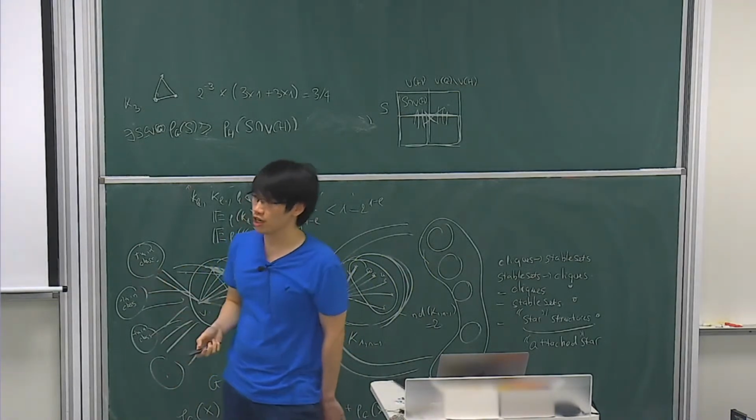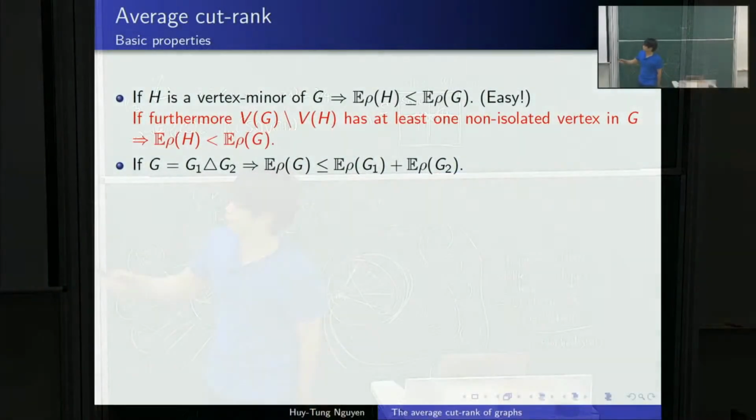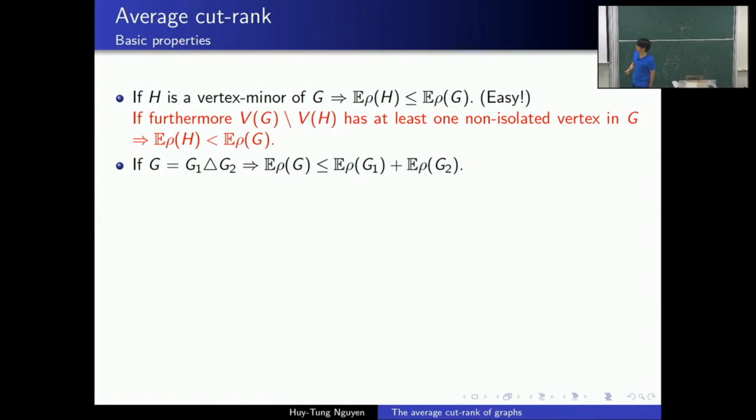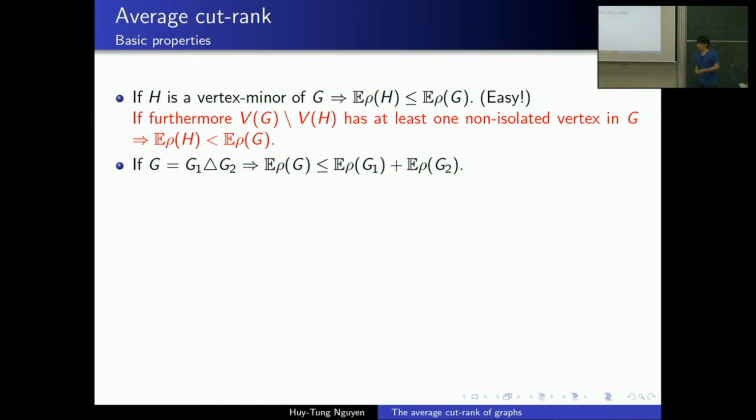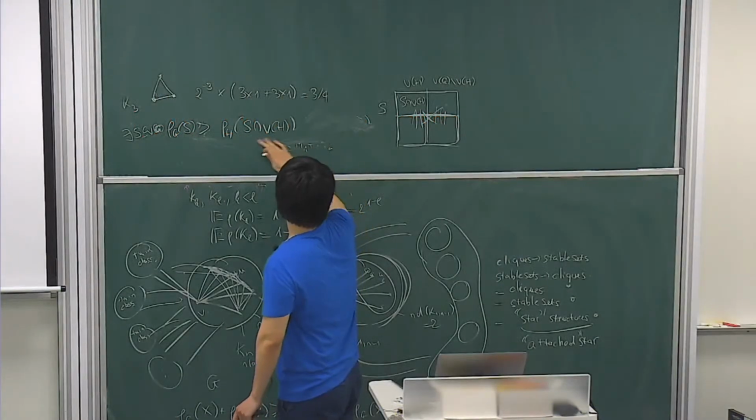So if G is a symmetric difference of G1 and G2, then this inequality holds: the average rank of G is bounded from above by the sum of the average ranks of G1 and G2. And if you think about it, it's really just the matrix rank inequality over the binary field.